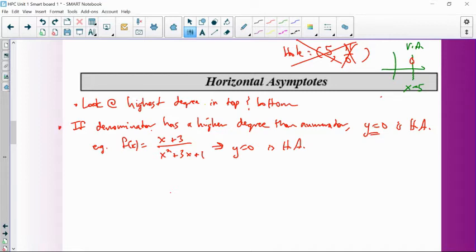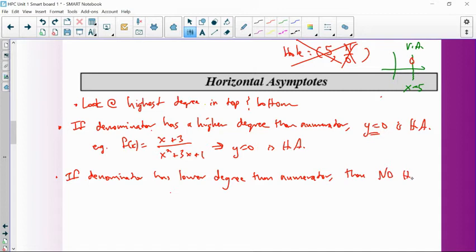Okay, now, what if it doesn't? If the denominator has lower degree, in other words, the top wins, then there isn't one. Then no horizontal asymptote.